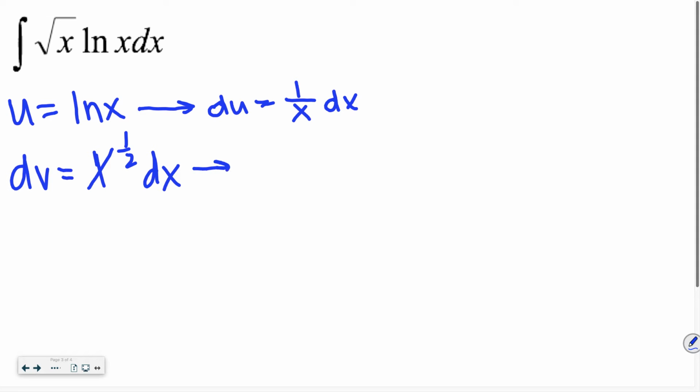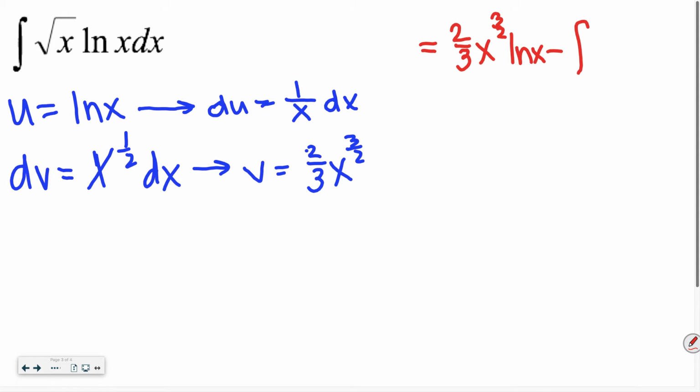And what does that make our v? Okay. So our integration by parts, u times v, minus the integral of v du.